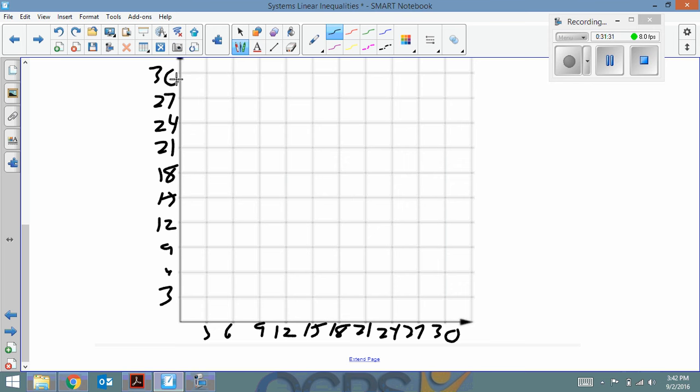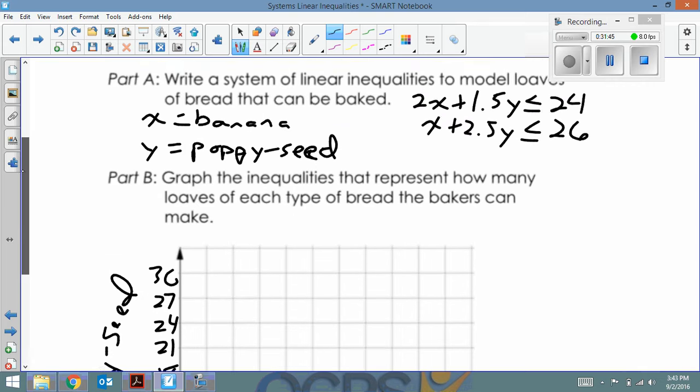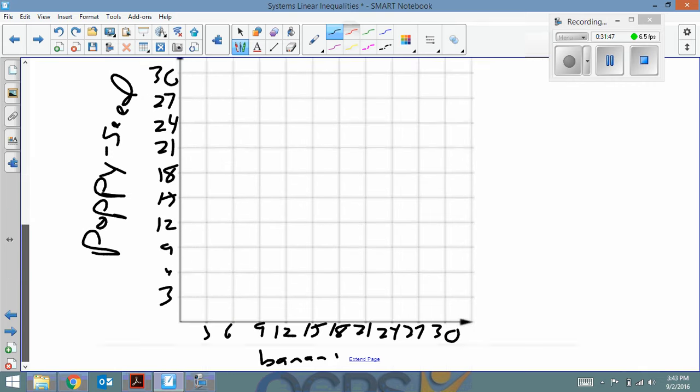Okay, x was the banana, and y was the poppy seed. Okay, so we're going to take these two equations and we're going to graph them.